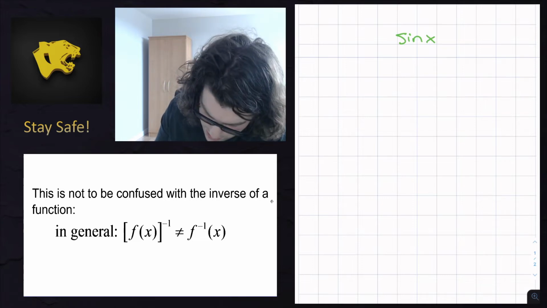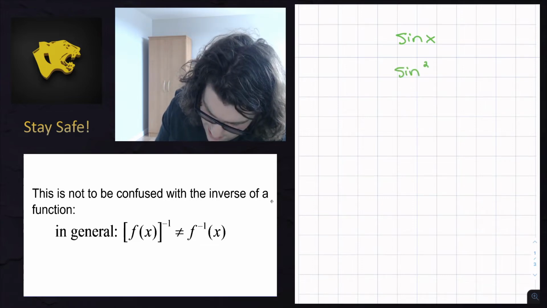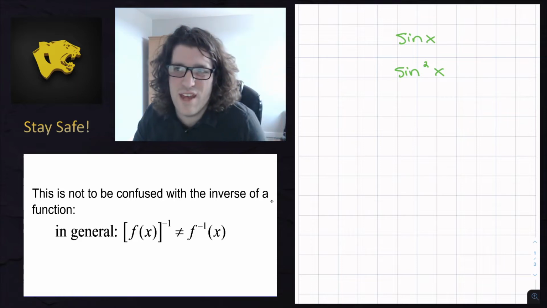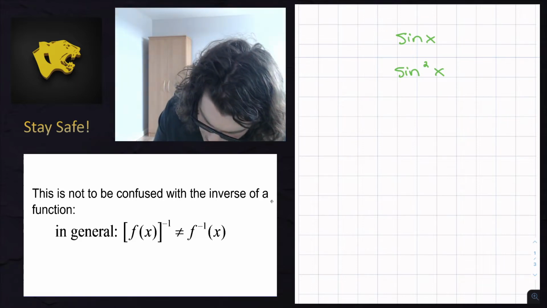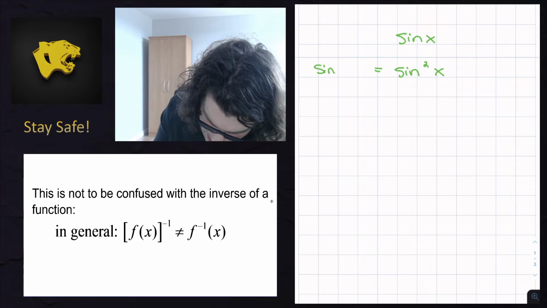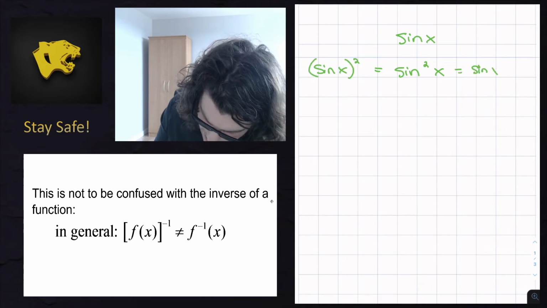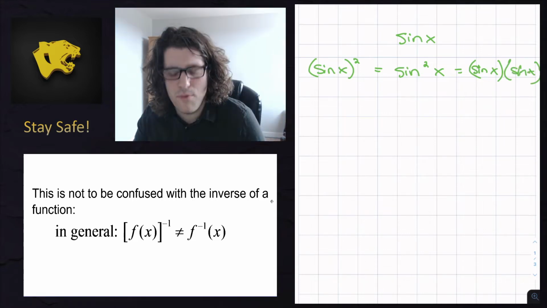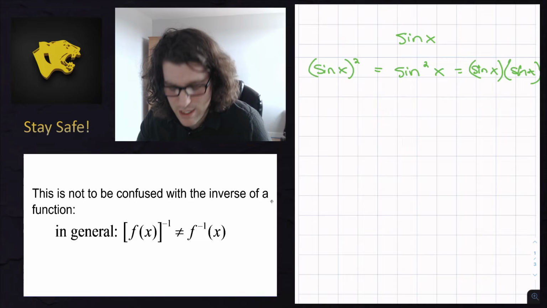And sine squared x is another way of writing sine of x, all squared, which is just sine x times sine x. So all three of those are the same, and that's great. And we can do it with a cube too, and that makes a lot of sense.